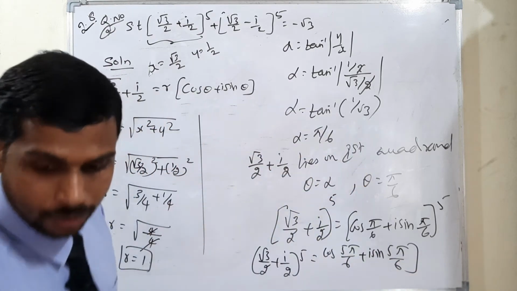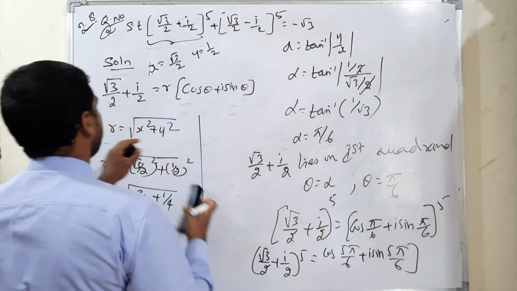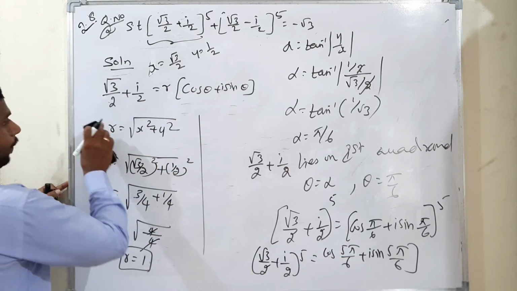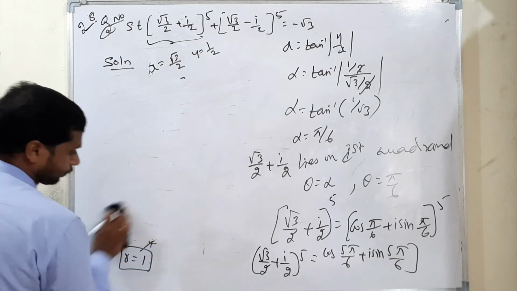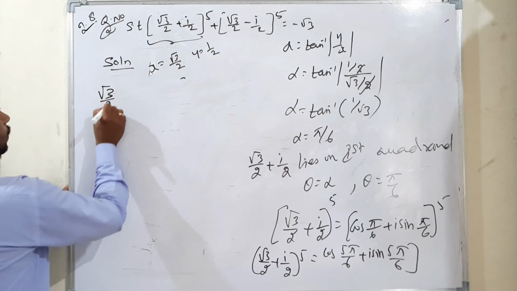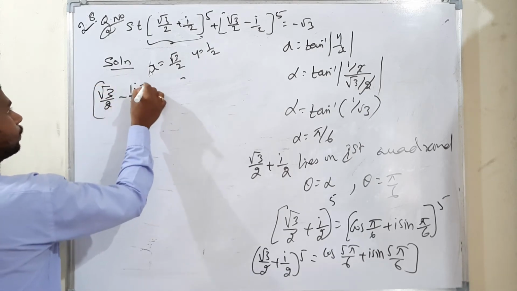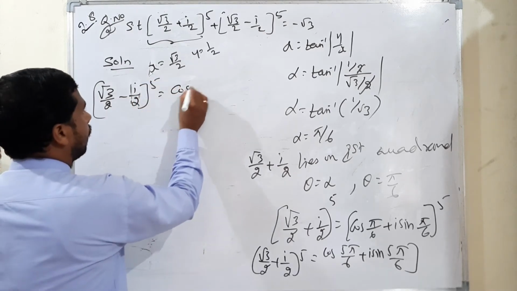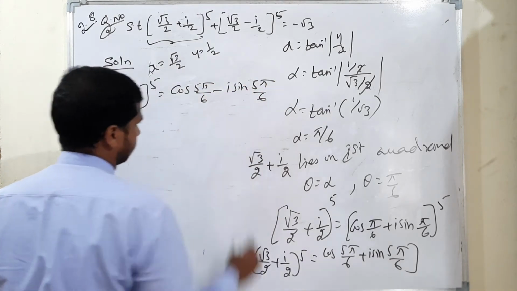This is the first term. But the second term we also need, where instead of plus it is given as minus. Okay, how to rearrange it? Simple. Instead of plus we have to write minus only. So (root 3 by 2 minus i by 2) the whole power of 5 is equal to cos 5 pi by 6 minus i sin 5 pi by 6.